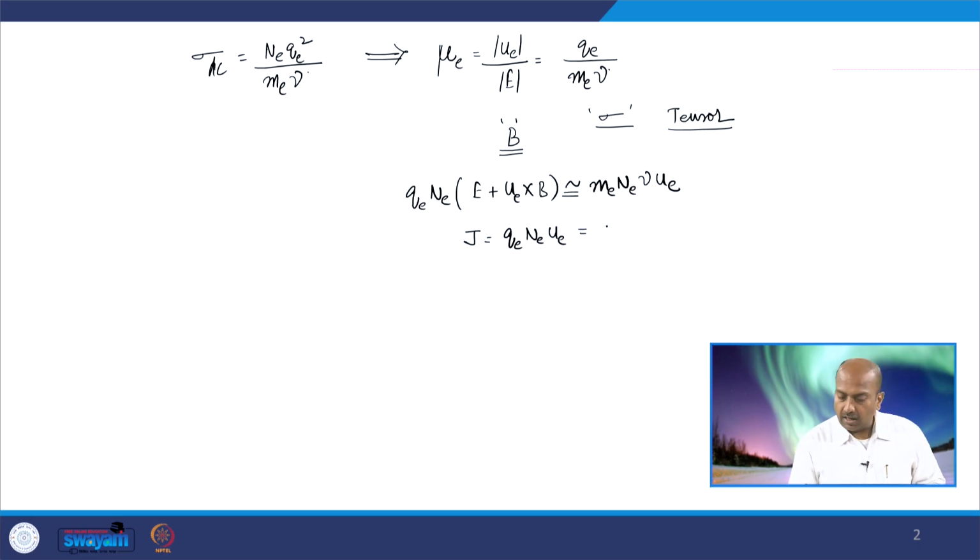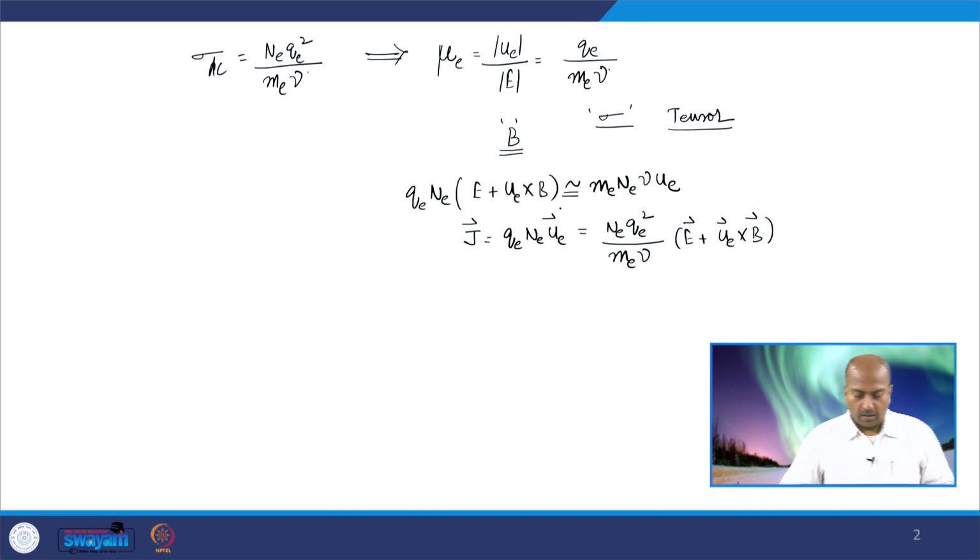So this can be written as NE QE square divided by me nu times E plus UE cross B, right? Which is the simplified form of the generalized Ohm's law. Let us call this equation number 1.